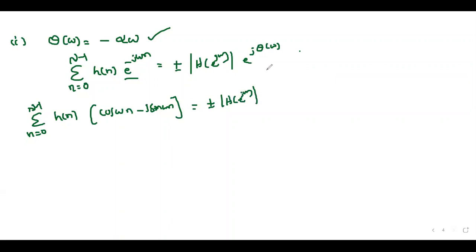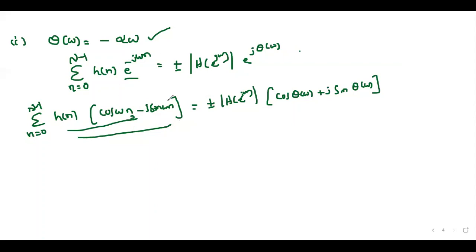But here also e power something is there. I can split again this as cos theta of omega plus j sin theta of omega. Now we compare both sides, the real part and imaginary part. This is the real part and this is the imaginary part.